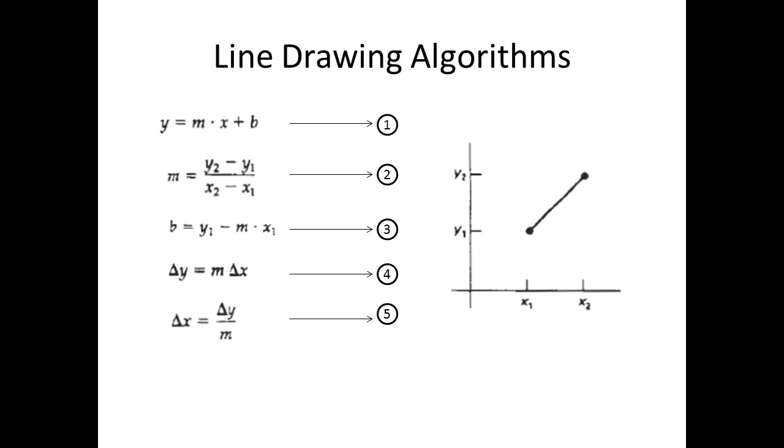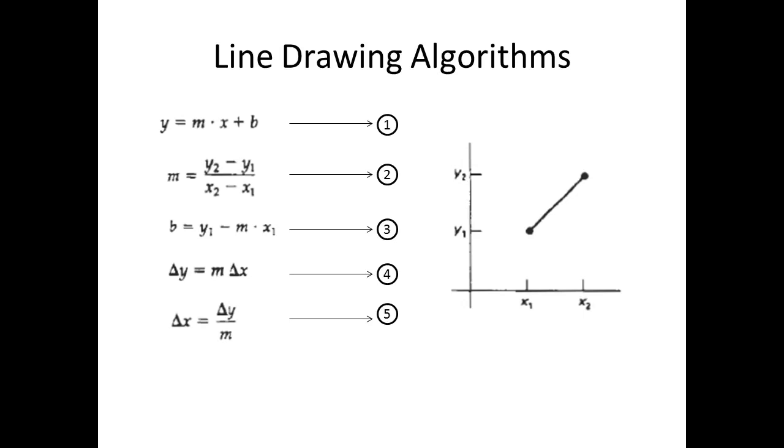m = (y2 − y1) / (x2 − x1). It is equation 2. And then b = y1 − m·x1. It is equation 3. Algorithms for displaying straight lines are based on the calculations given in equations 2 and 3.